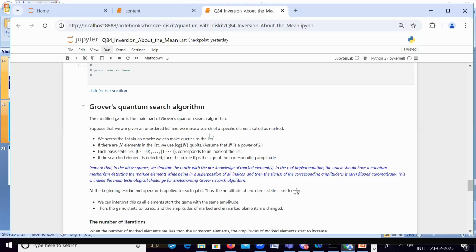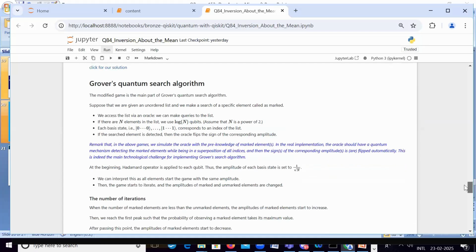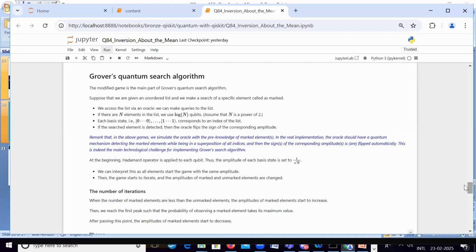Whichever is searched is marked as the search element. Again, the Hadamard gate is used to superimpose the state of all n elements. We access the list by an oracle, which is a function, to query the list. Now, the very first thing is the superimposed state, which is created by the Hadamard gate. At the beginning, we start with the unsorted list. If there are n elements in the list, then we use log n qubits.